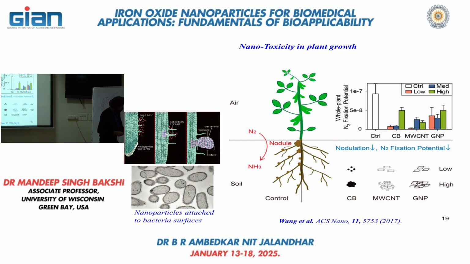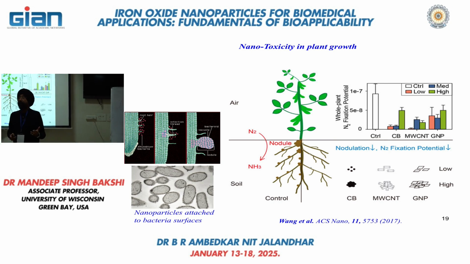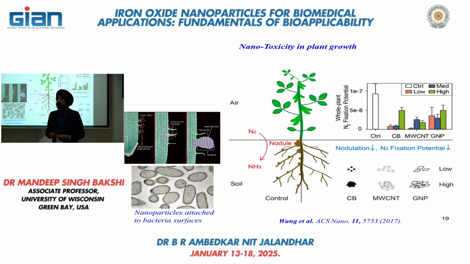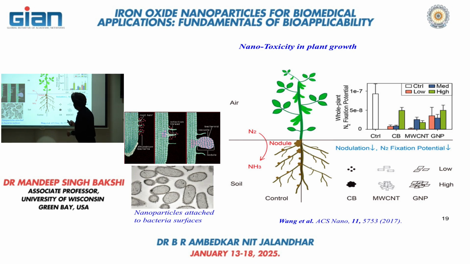So you may have nanoparticle toxicity in water, on soil, or in the bloodstream. There are plenty of implications, so you cannot avoid the nanotoxicity. Therefore you have to find out how to passivate the nanotoxicity when you are looking for a particular application.